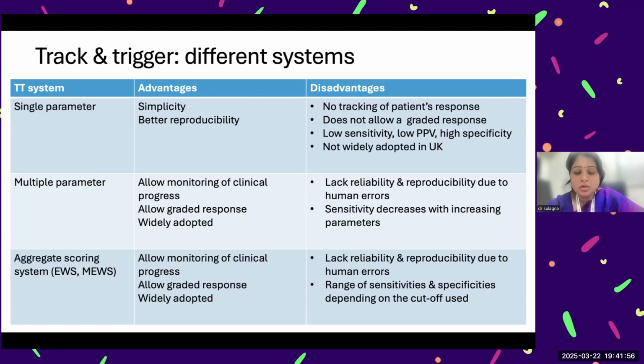Coming to aggregate scoring systems like the early warning signs and the modified early warning signs, they allow monitoring of clinical progress, they allow graded response, and are widely adopted. However, similarly, they are prone to human errors and lack reliability, and their sensitivity and specificity can depend on the cutoff used. We will discuss it in a bit more detail later on.